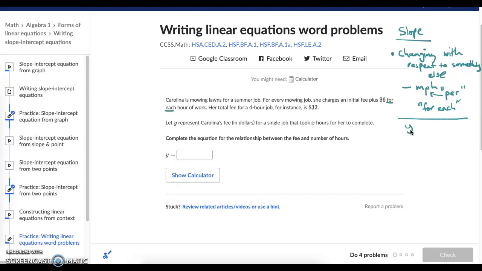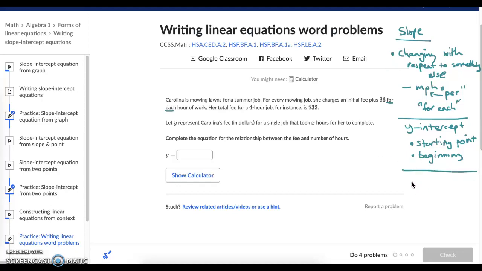So y-intercept. How do we determine what a y-intercept is? Well, a y-intercept is a starting point. Remember that the y-intercept is the value of y when x equals 0. So it's the beginning point or the starting point of any problem. Now we'll be given two of three things.